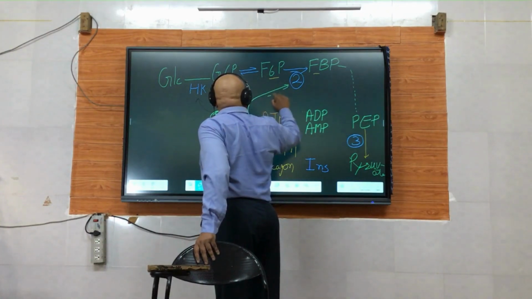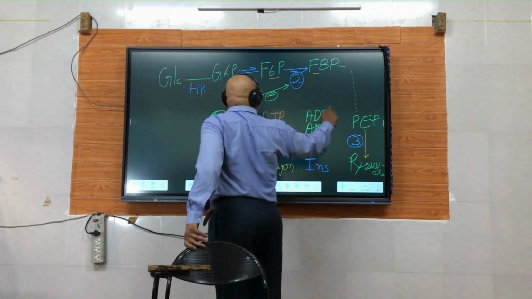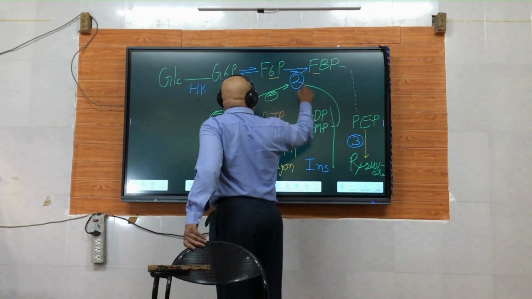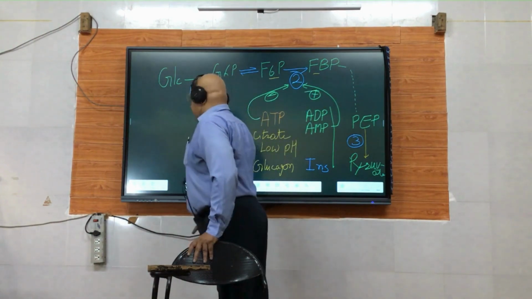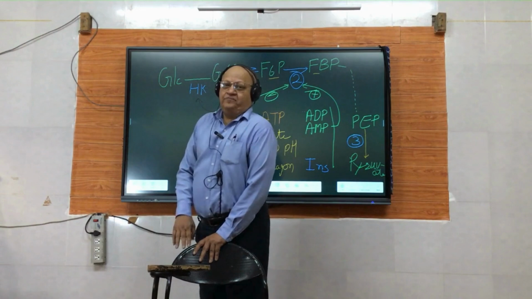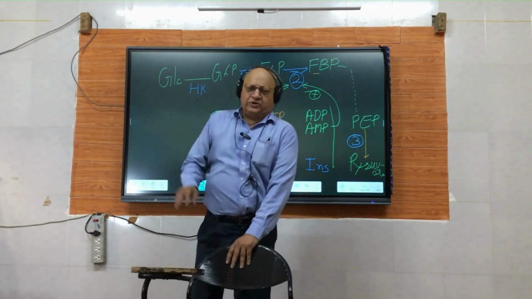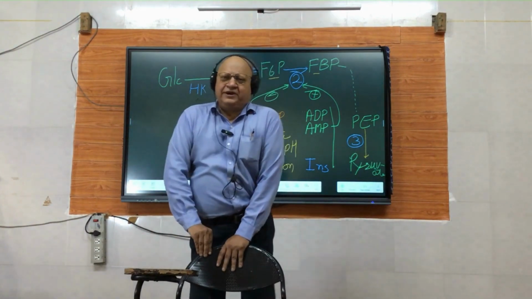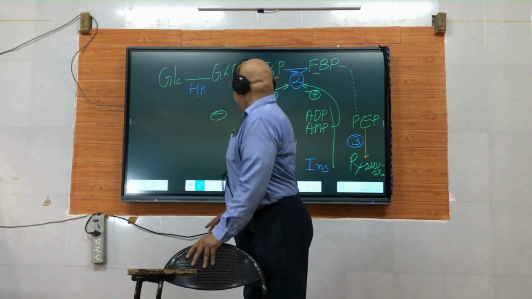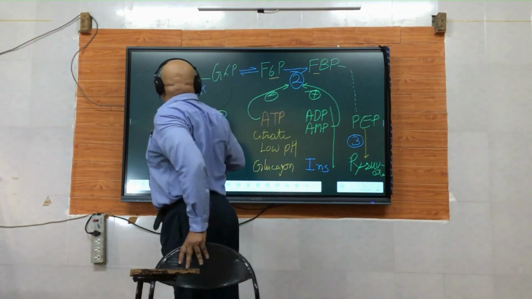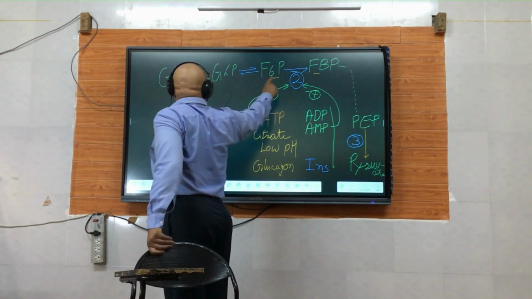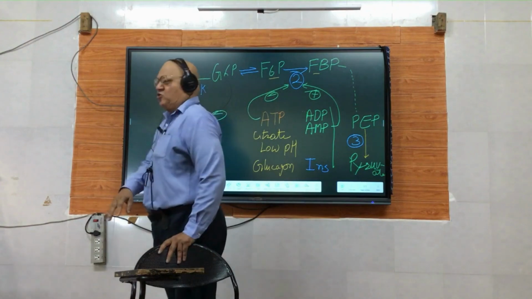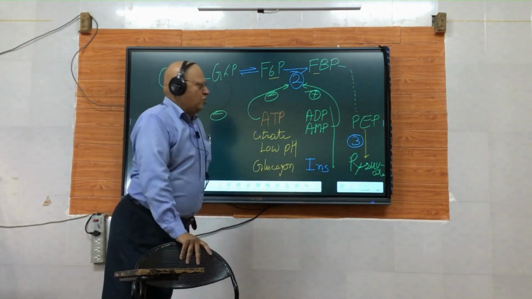These all are inhibitory influences and these all are stimulatory influences. We are going to see the rationale behind these now. This much is enough for passing your examination, but it is good if you can understand the rationale behind them.